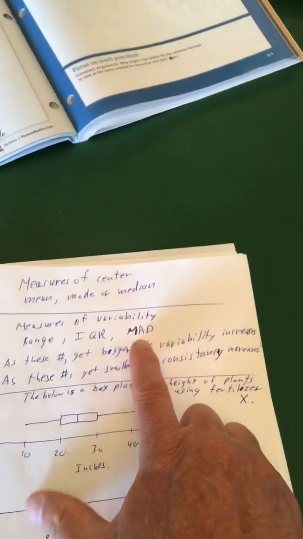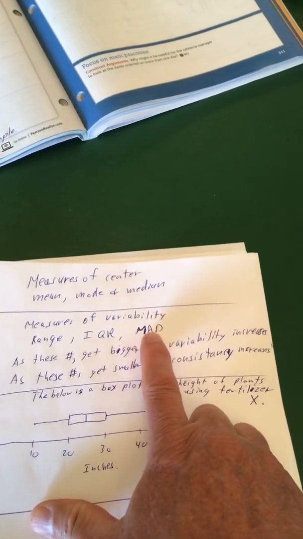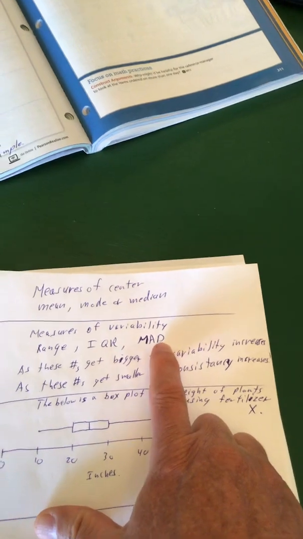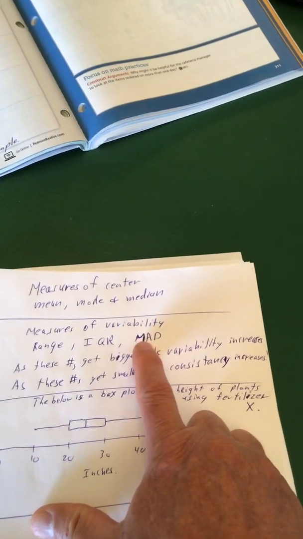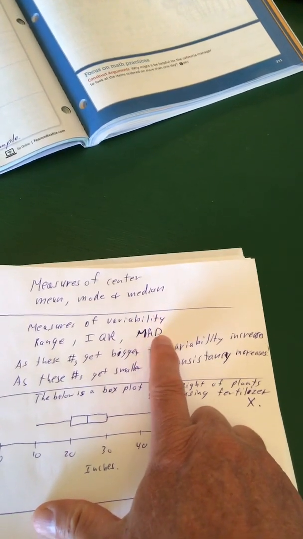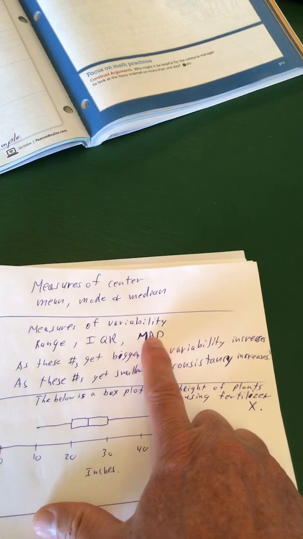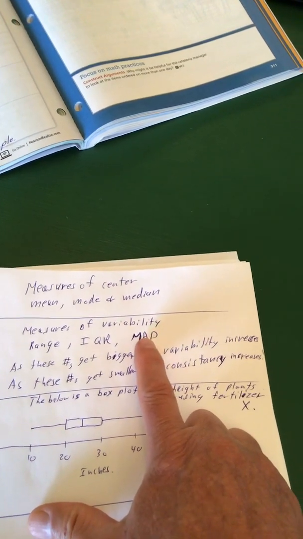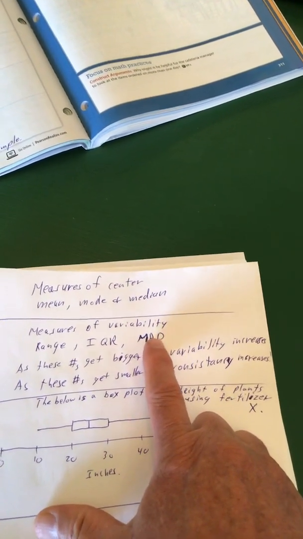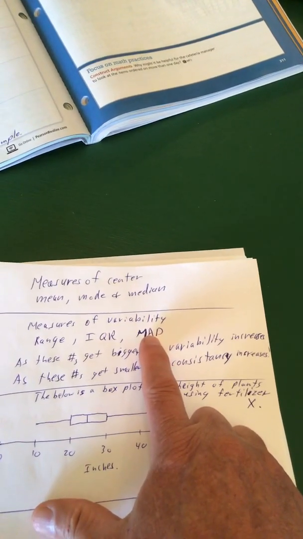And then MAD is just going to be a number they'll give you if they give it to you, which means the mean absolute deviation, which is the average of how far each number is from the average. So the bigger the MAD, the bigger the variability, or the smaller the MAD, the smaller the variability, or we just say the greater the consistency.